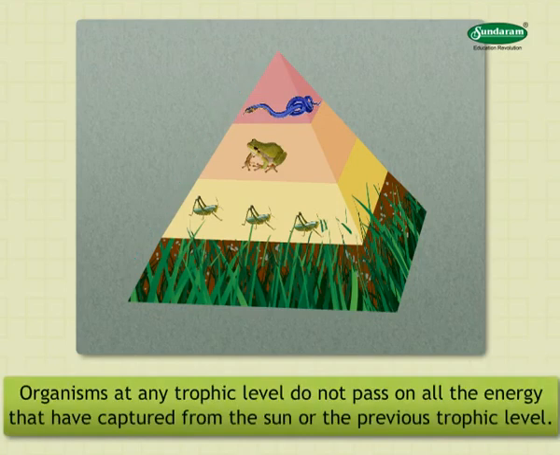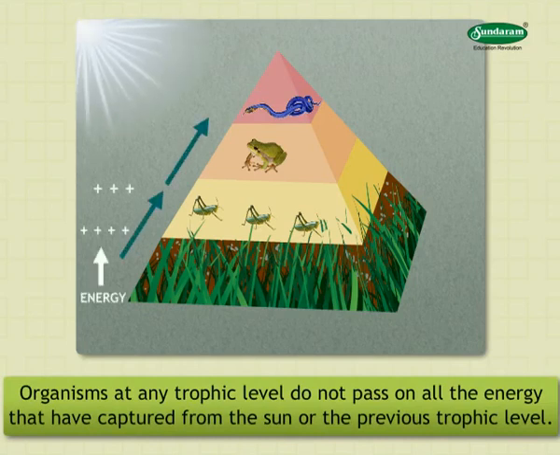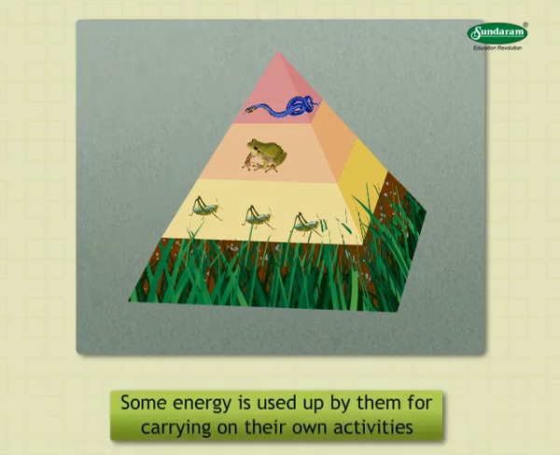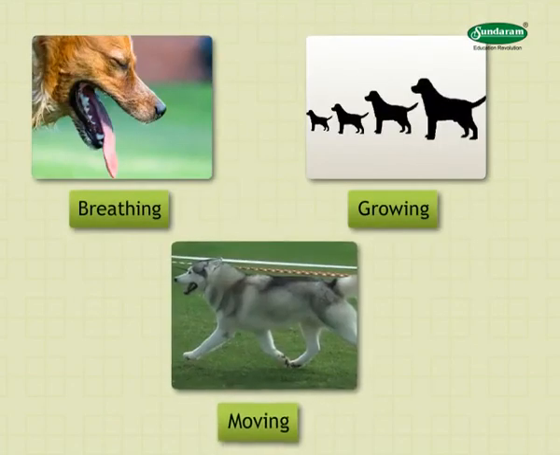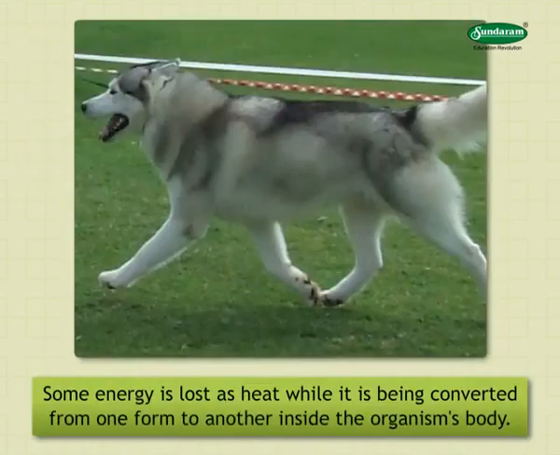Organisms at any trophic level do not pass on all the energy that they have captured from the sun or the previous trophic level. Some energy is used up by them for carrying on their own activities such as breathing, growing, and moving.